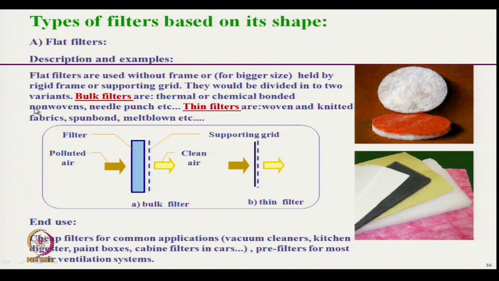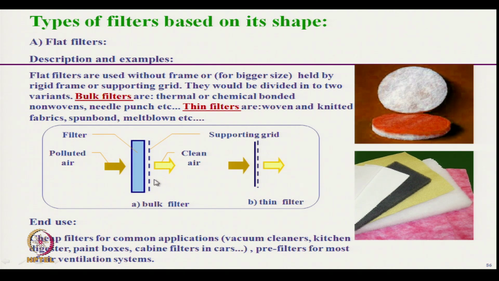For these bulk filters, thermal or chemical bonded nonwovens are used, or sometimes needle punched fabrics are used. These bulk filters are basically used without any frame, and for thin filters, thin woven fabric or knitted fabric, spun bonded or melt blown fabrics are used. So, here we can see there is a supporting grid. So, this is bulk filter and thin filter.